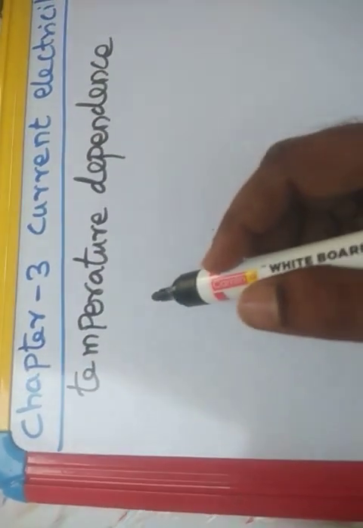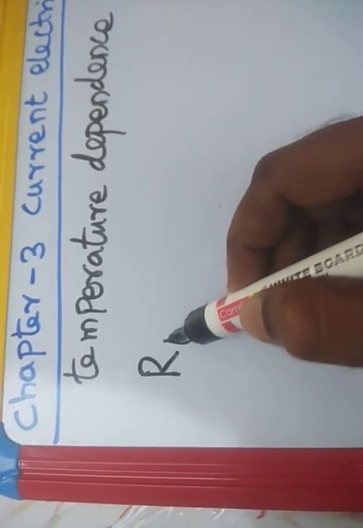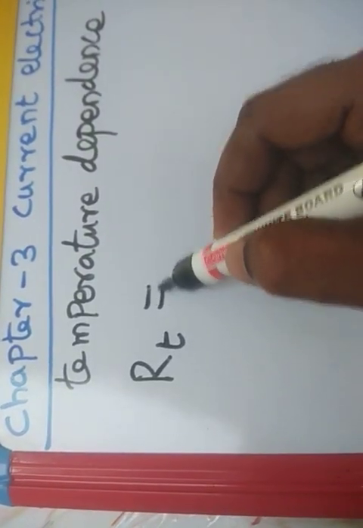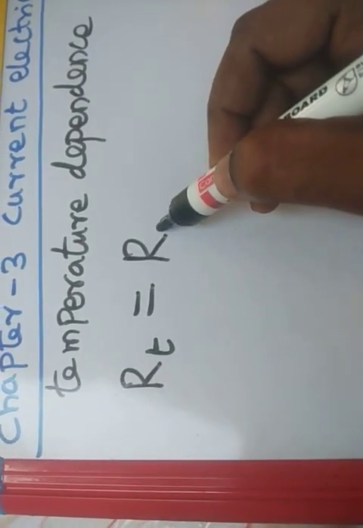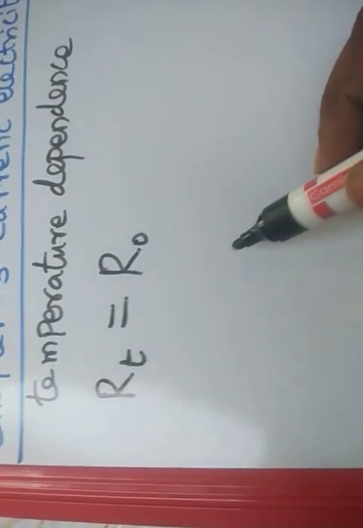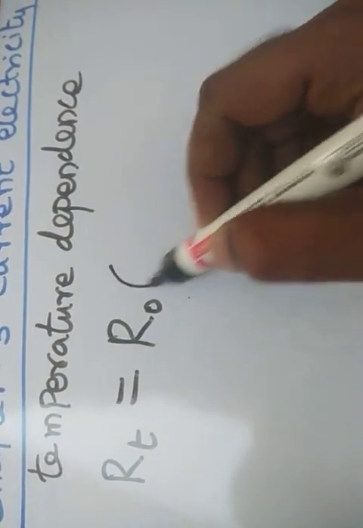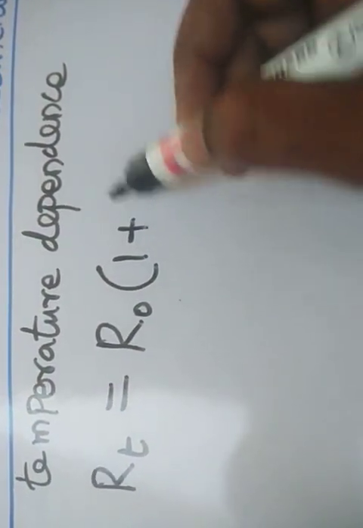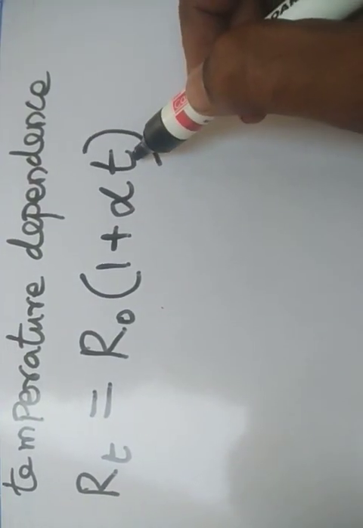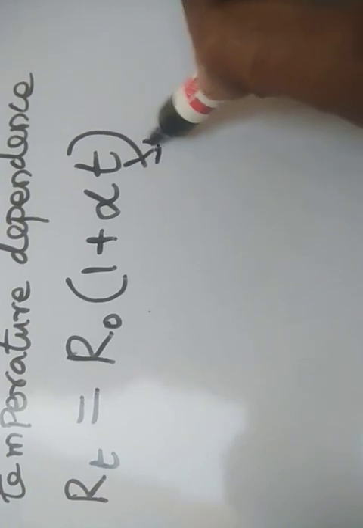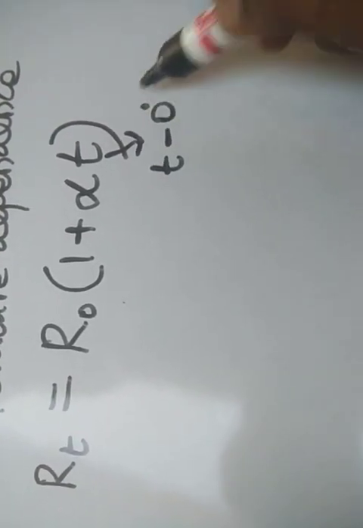Temperature dependence of resistance and resistivity. The resistance of the material at temperature T is equal to the resistance of the material at 0 Kelvin or 0 degree Celsius times (1 + αT), where this T is the difference in temperature, that is, T temperature minus 0 degree Celsius.